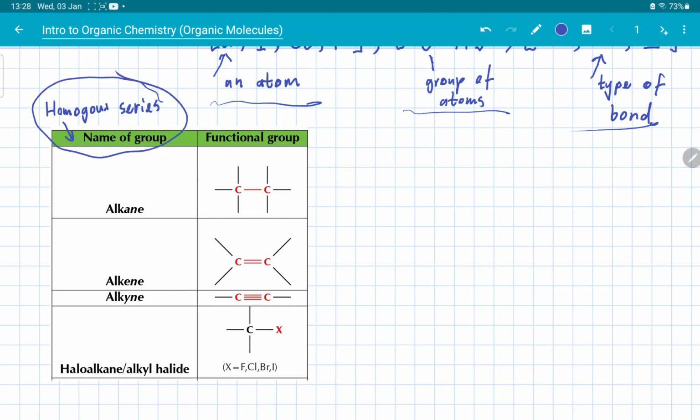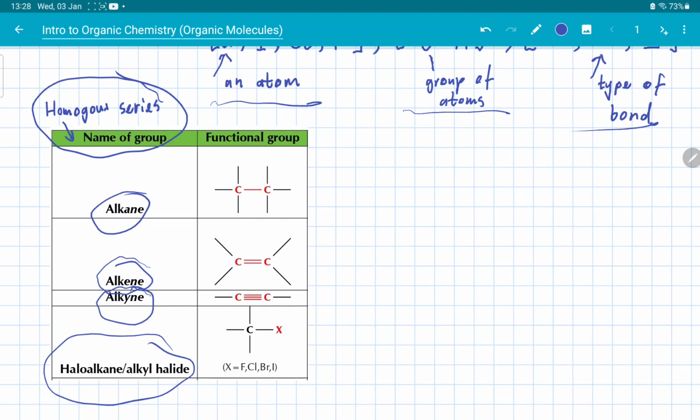So examples of homologous series, there are 3 that we did last year. I remember specifically because we didn't teach along, which are alkanes, alkenes, alkynes, and haloalkanes or alkyl halides.